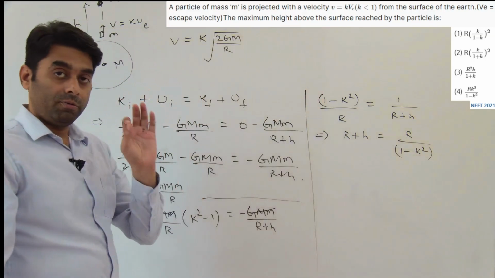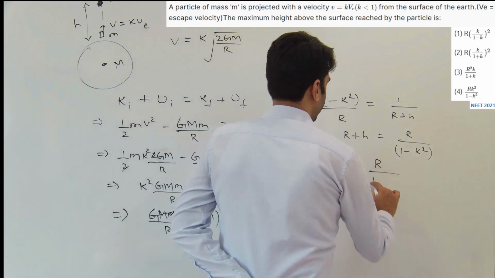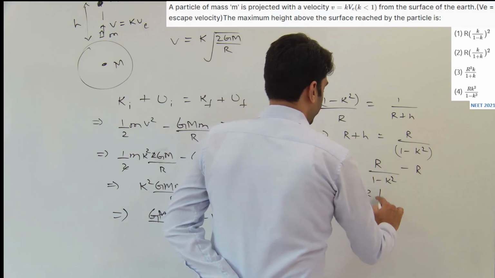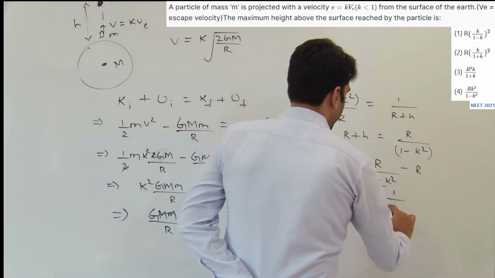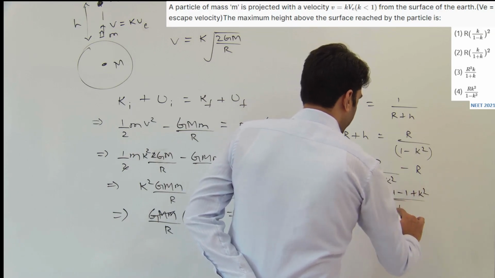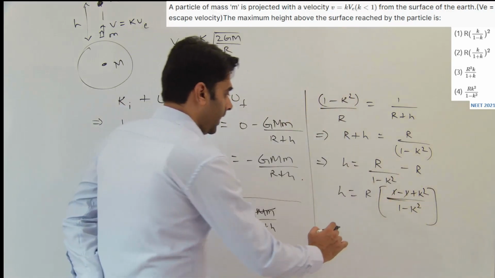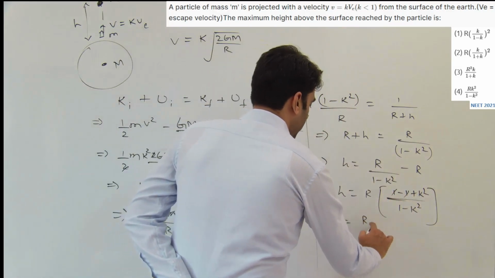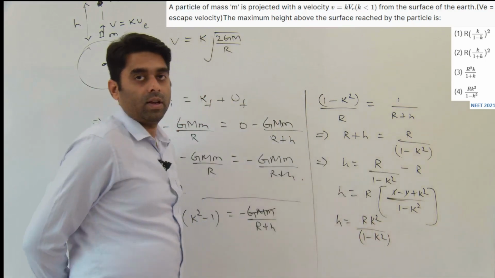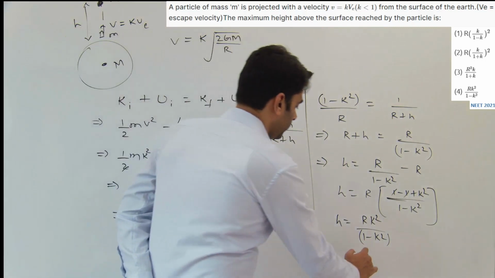We want to find the h value. h is equal to R by 1 minus k square minus R. R can be taken common and we'll take the LCM, so we get 1 minus 1 plus k square by 1 minus k square. The 1 cancels out. h is R k square by 1 minus k square. This is our h value. Which option are we getting? Option number 4 is our answer.